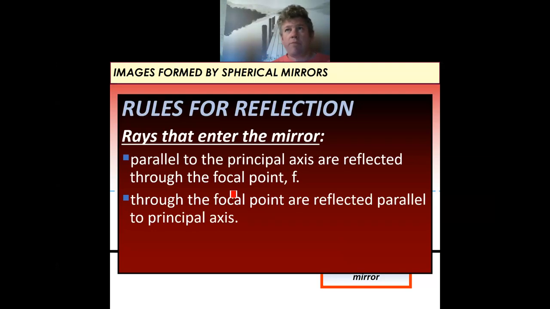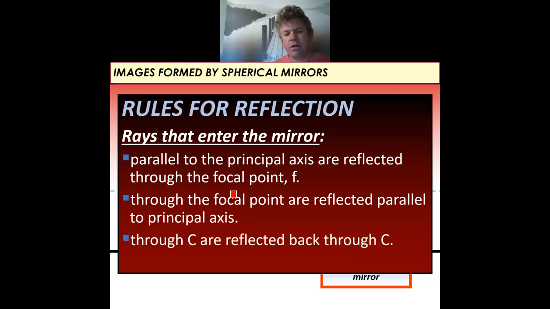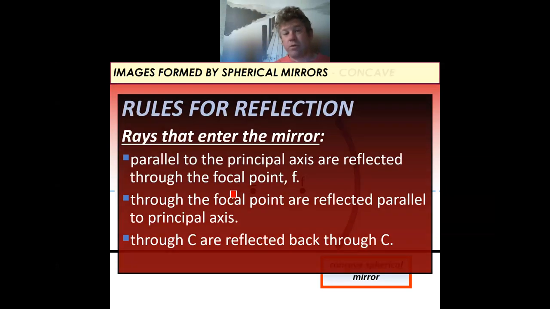The third one is a little trickier: rays through the center of the mirror are reflected back through C, the midpoint of where the mirror would be a circle. Unfortunately, at times we don't get this one. Remember, you just need two of these three. If you can draw two of them, you've got the image and where it's going to form.